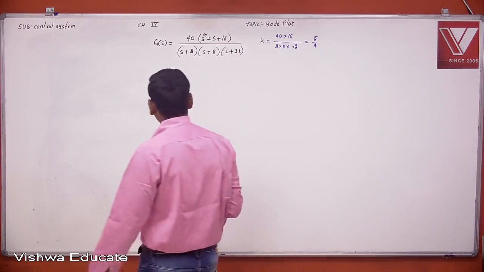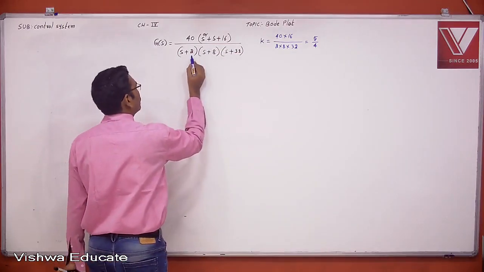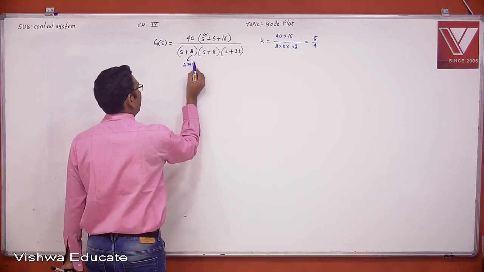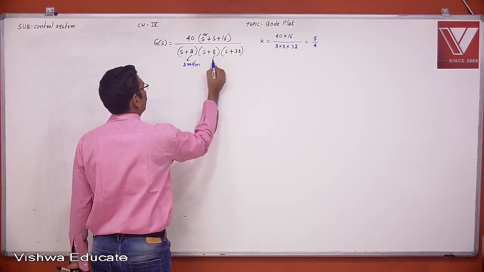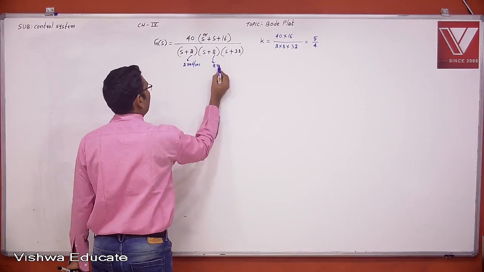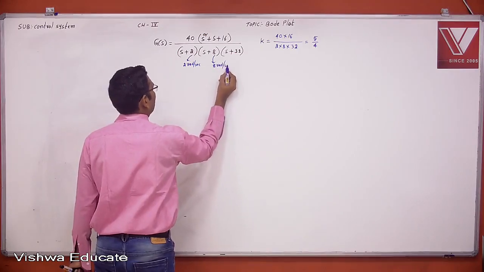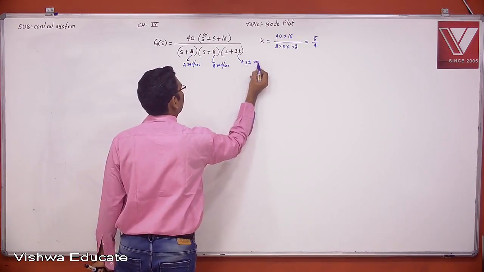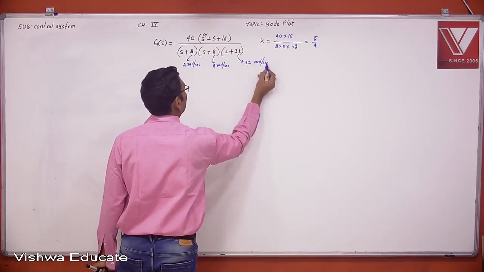And these are simple poles or simple zeros, so the pole or zero itself is the corner frequency: 2 radians per second, 8 radians per second, and 32 radians per second.